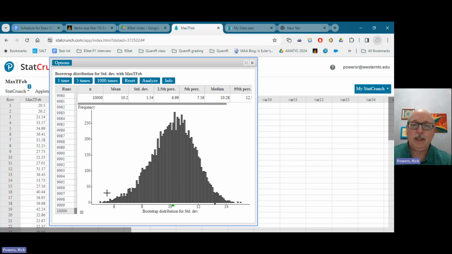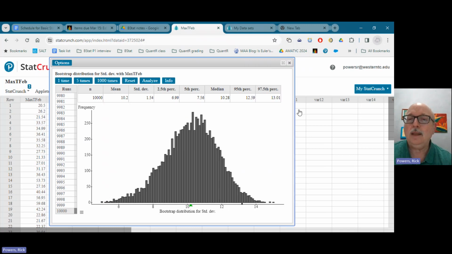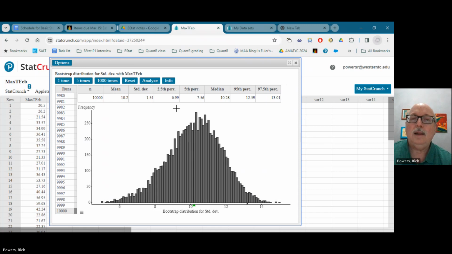It has kind of a weird shape here on the left-hand side, but it's not too bad. And so then we could say, well, the standard deviation of these things here would be, again, in this percentile, between 7 and 13, basically.